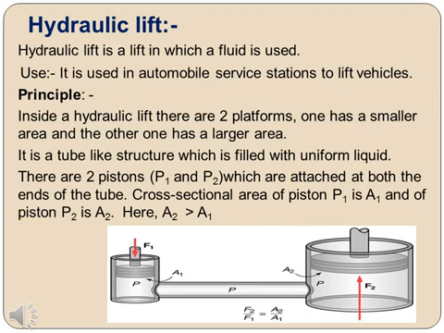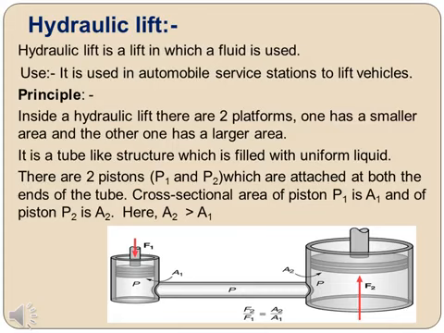Inside a hydraulic lift, there are 2 platforms. One has a smaller area and the other has a larger area. It is a tube-like structure which is filled with a uniform liquid. There are 2 pistons, P1 and P2, attached at both ends of the horizontal tube.